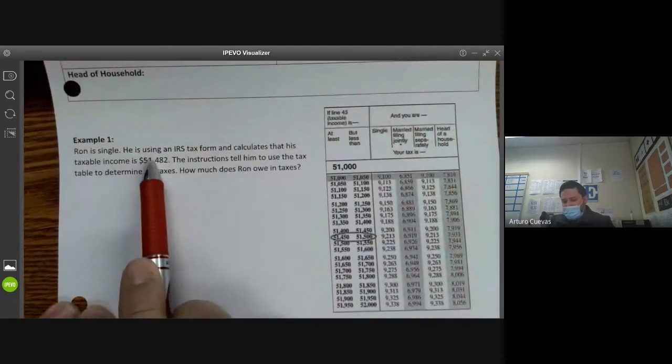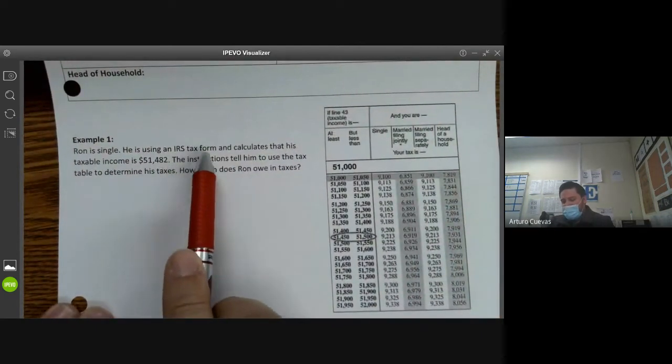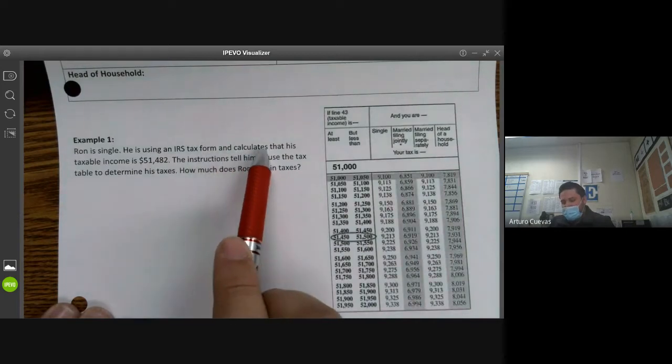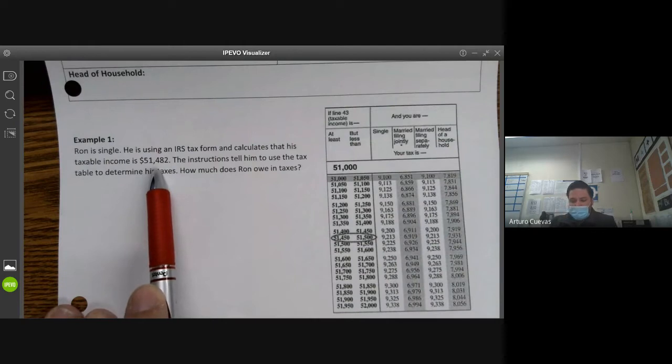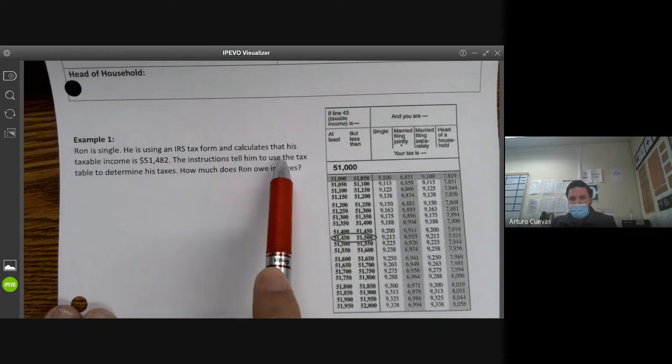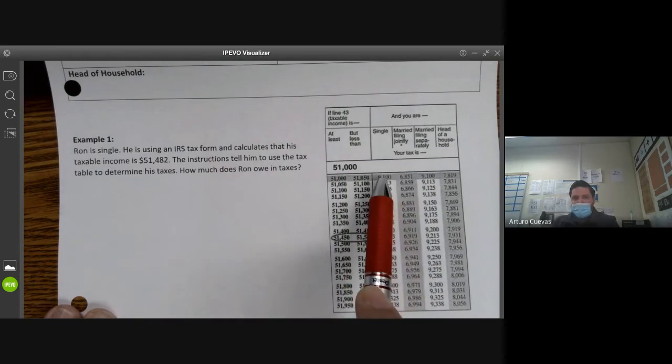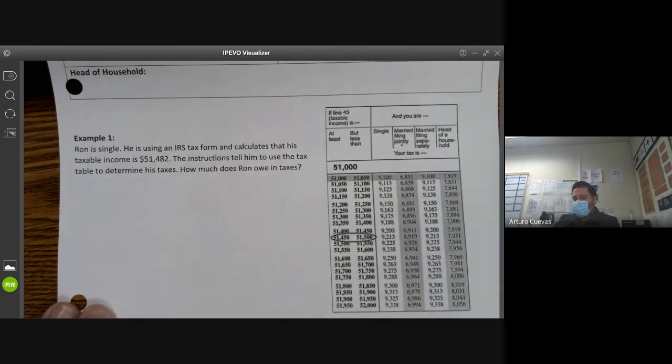He is using an IRS tax form and calculates that his taxable income is 51,482. The instructions tell him to use this tax table to determine his taxes. How much does Ron have to pay in taxes?